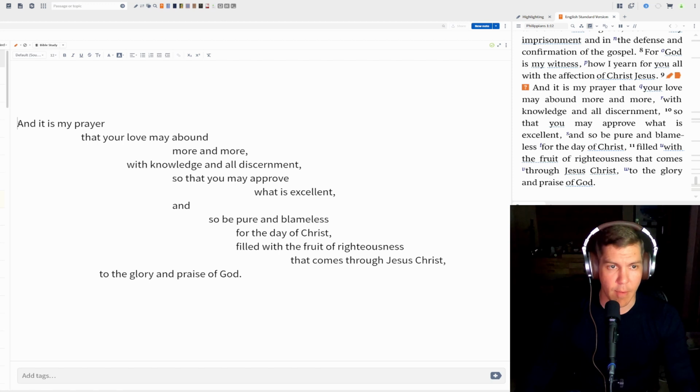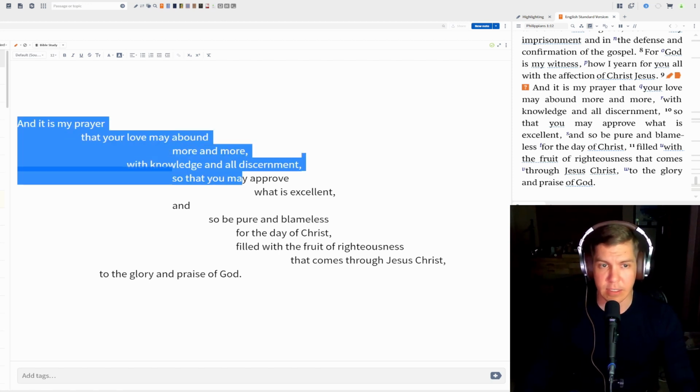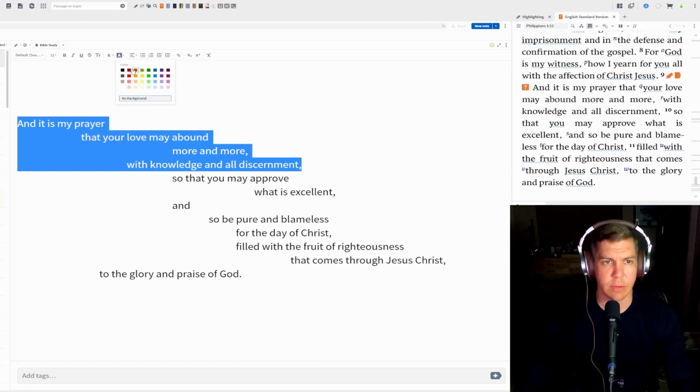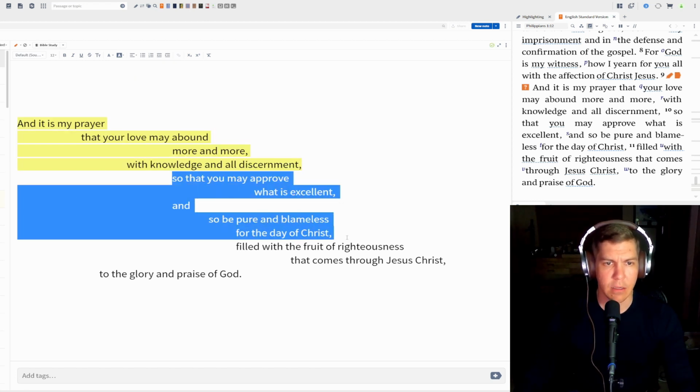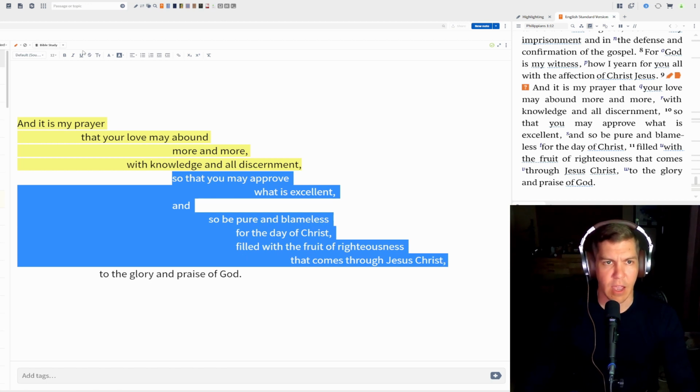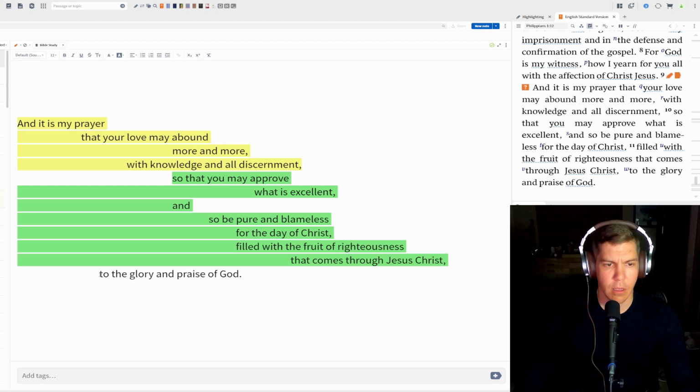And so I might even look at something like this and, as an initial take, go, okay, let me work with some coloration here to say, okay, that's one idea. And then I think I've got a little bit different other idea here.